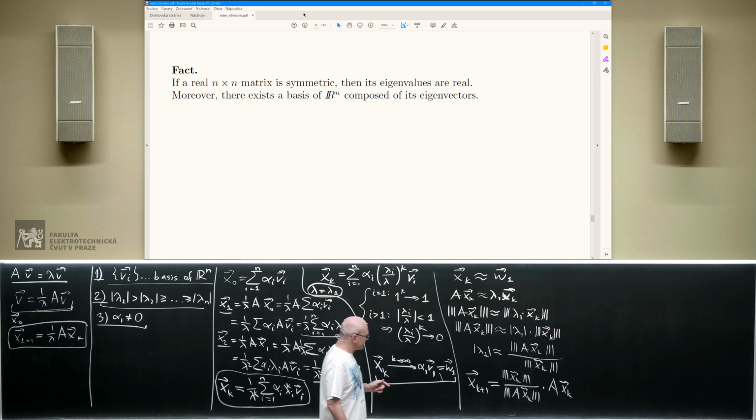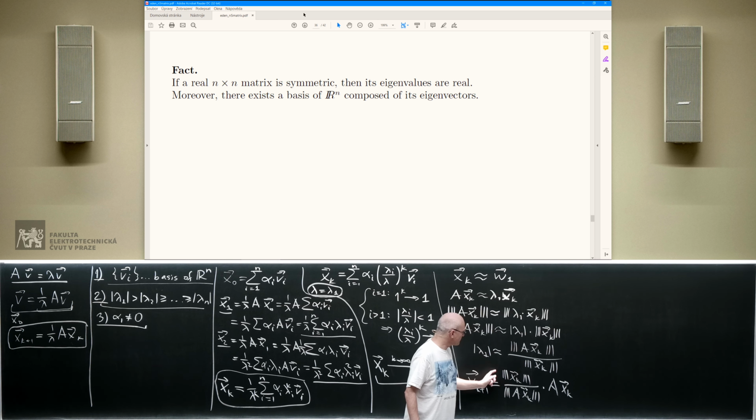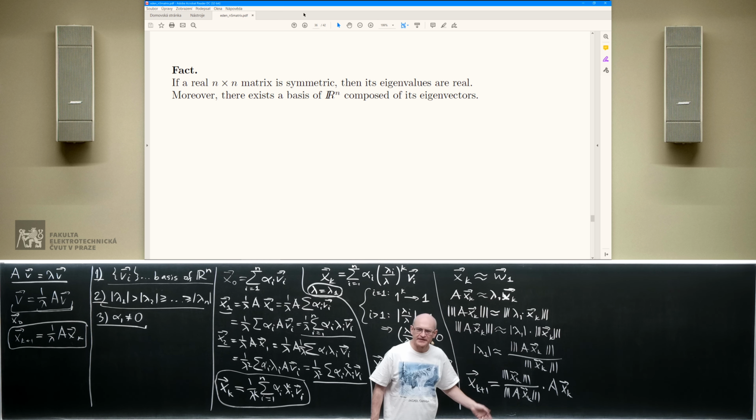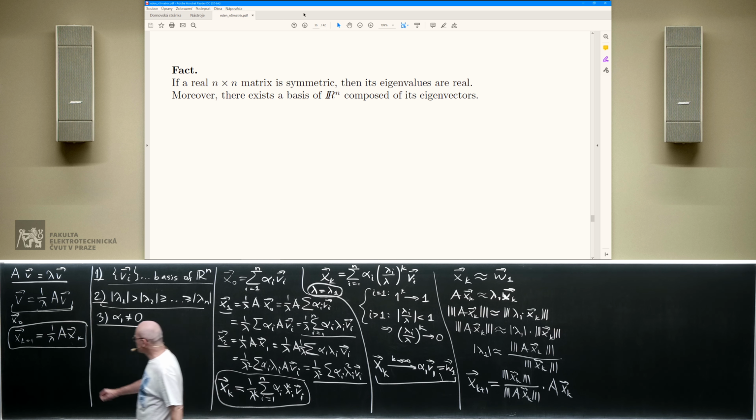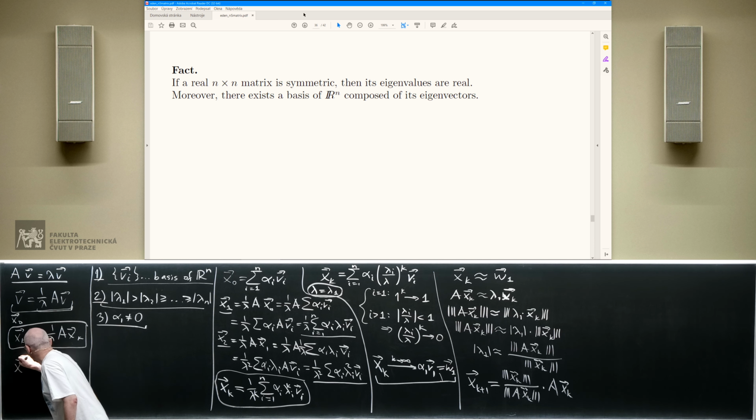How will it look if the vector xk had norm 1? The answer is a little bit nicer. Let's put it here. That's the iteration that I want to use, actually. Xk plus 1 will be just Axk divided by the norm of this new vector.